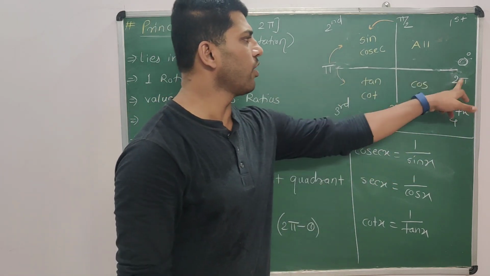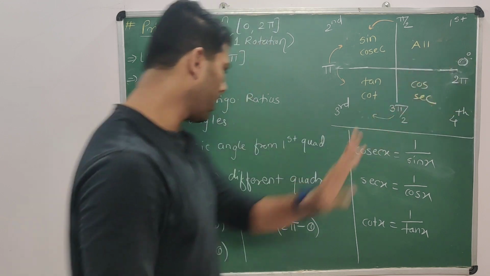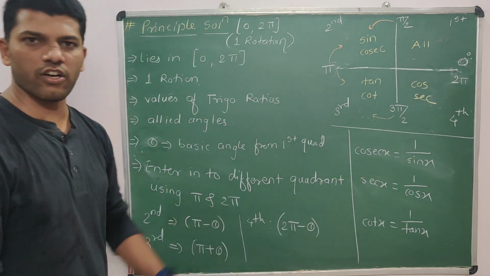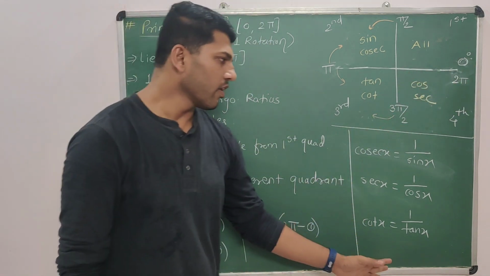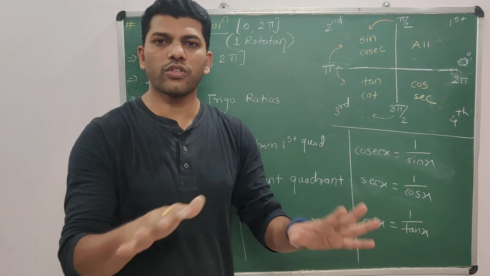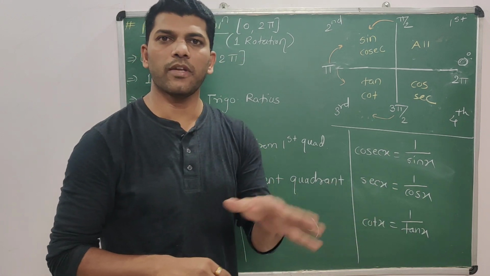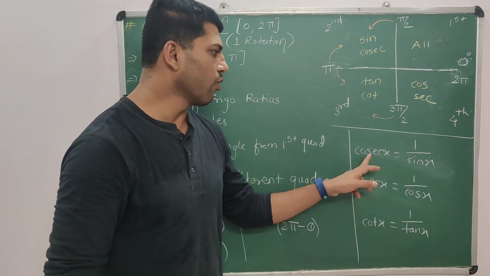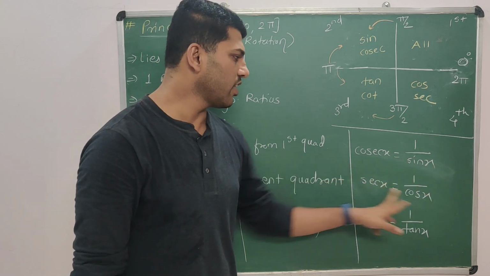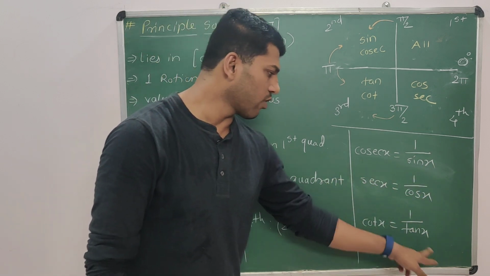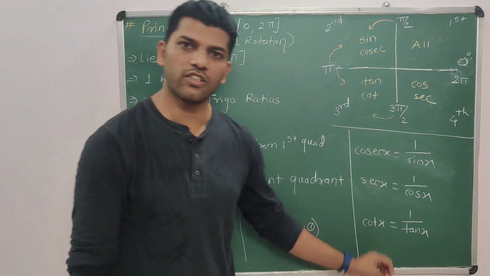Please use only pi and 2 pi to enter into the different trigonometric quadrants. Why don't we solve cosec, sec and cot in principal solutions? The reason is cosec is the reciprocal of sine, sec is the reciprocal of cos, while cot is the reciprocal of tan. Just use it.